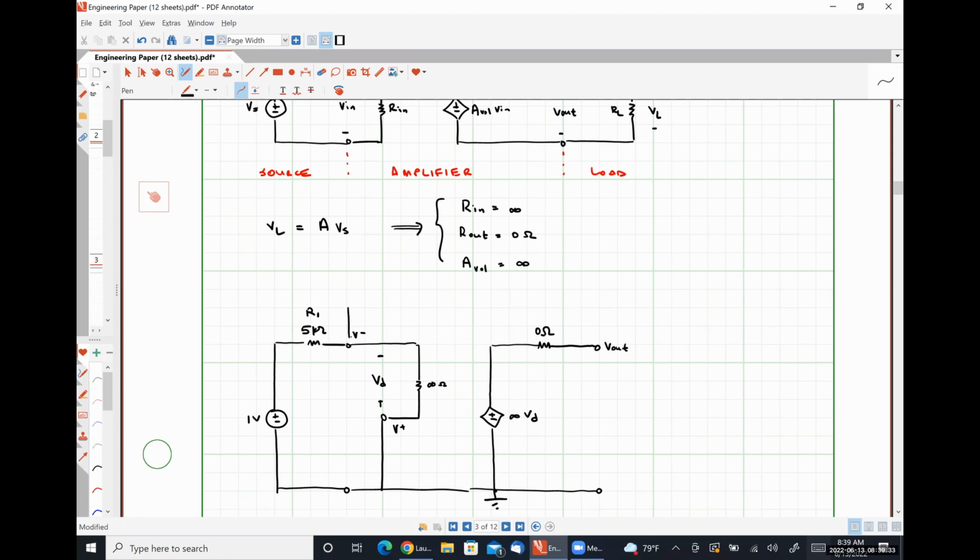And our feedback resistance here, R2, is equal to 10 kilo ohms. And just to be clear, here's my output voltage VF.